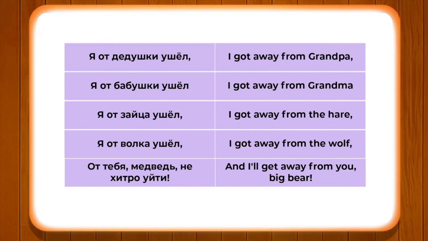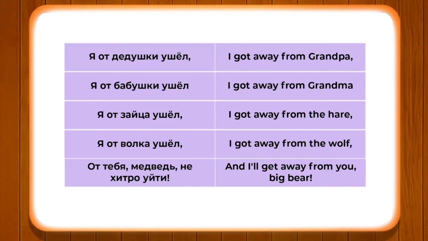Zaitsa, you know, right? The hare, khargosh. He got away from the hare as well. And now he is telling the wolf, от тебя, волка, нехитро уйти. Again he is showing overconfidence. That means, like you, oh silly wolf, I can also get away from you. You cannot catch me. So it's a kind of overconfidence being shown by the bun.